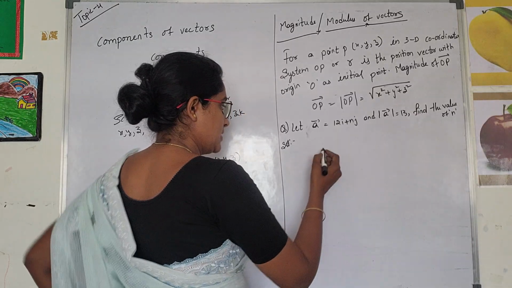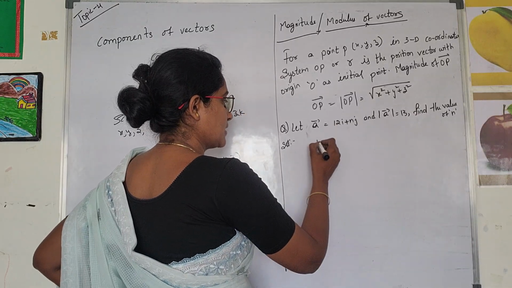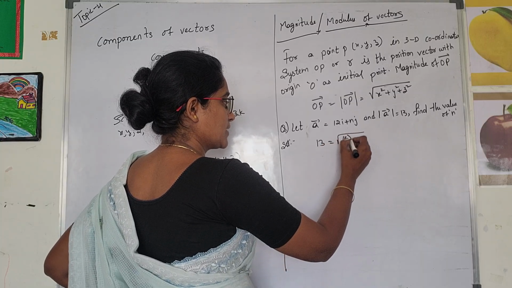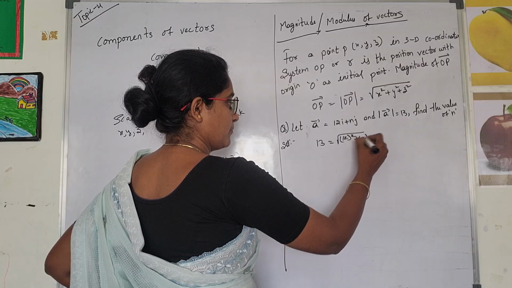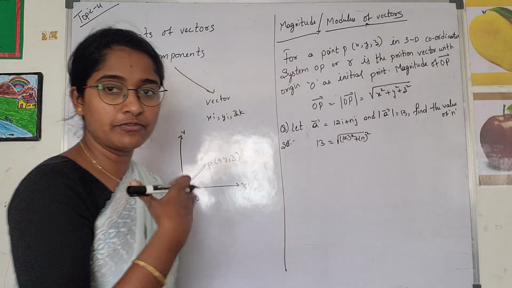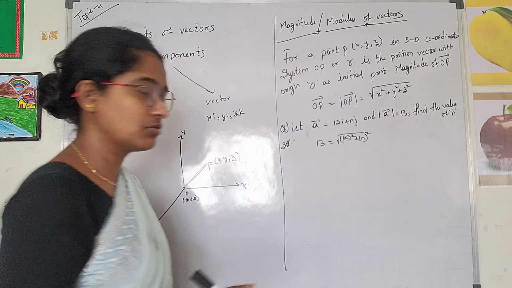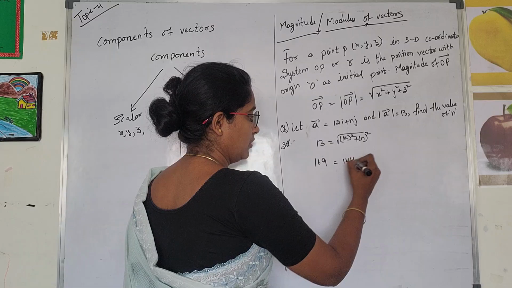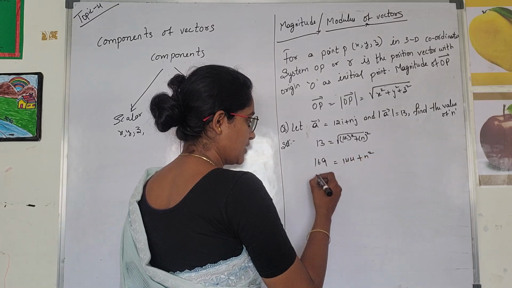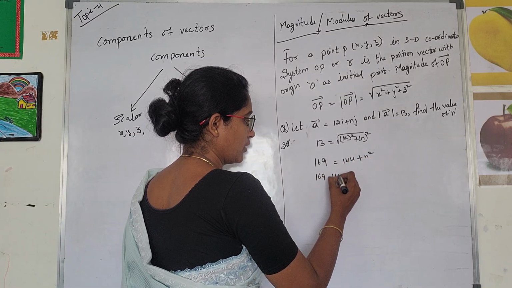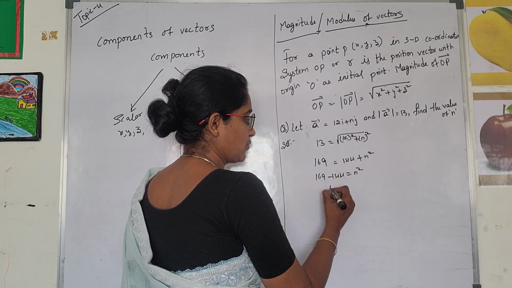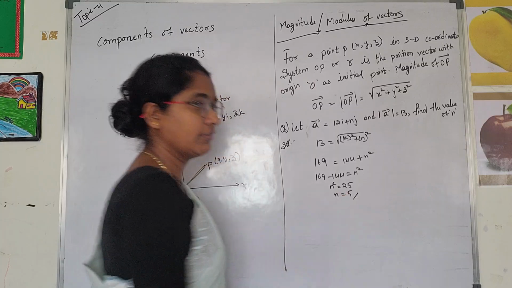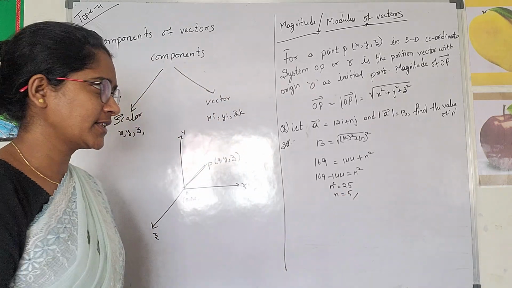So 13 is equal to the square root of 12 square plus n square. Squaring, 13 square is 169, equal to 144 plus n square. So 169 minus 144 is equal to n square, so n square is 25. So n is 5.